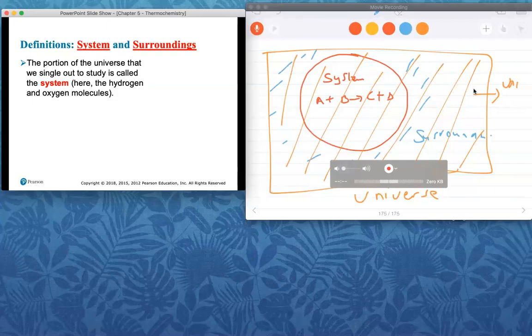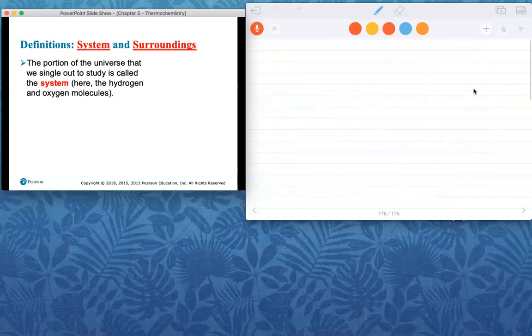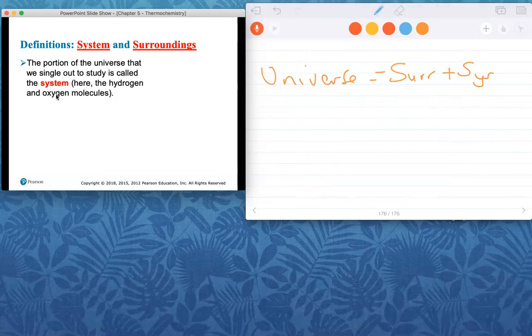Look at my whiteboard. The surrounding plus the system gives you the universe. So universe equals surrounding plus system, and where we are focusing is the system.